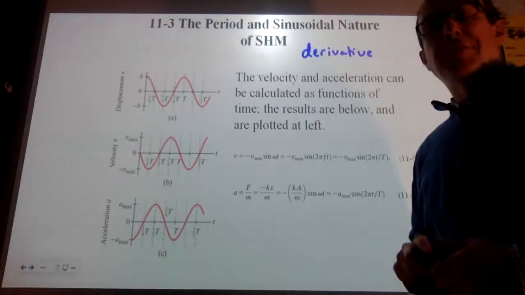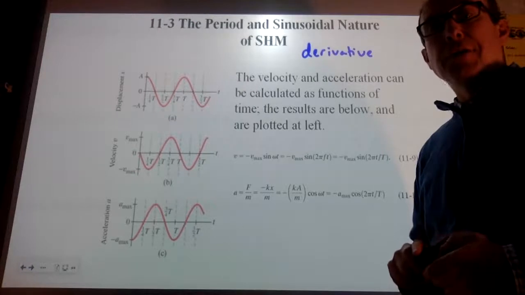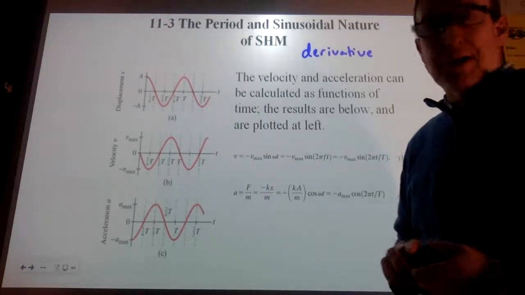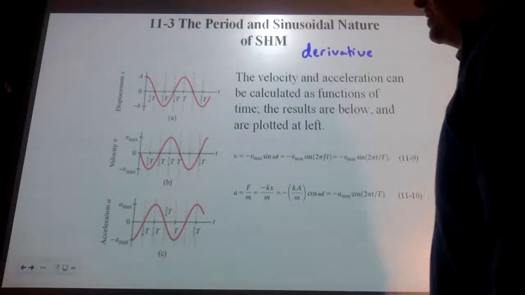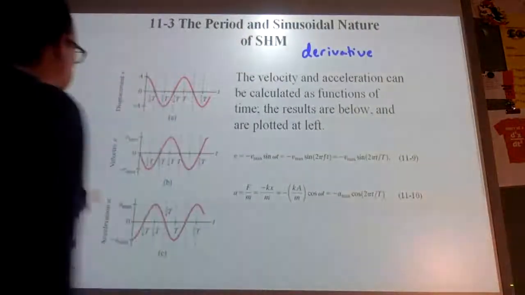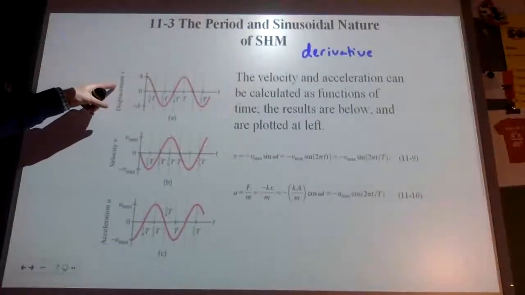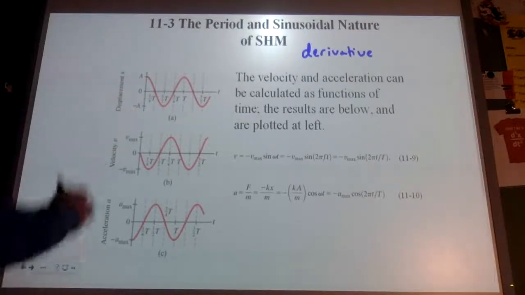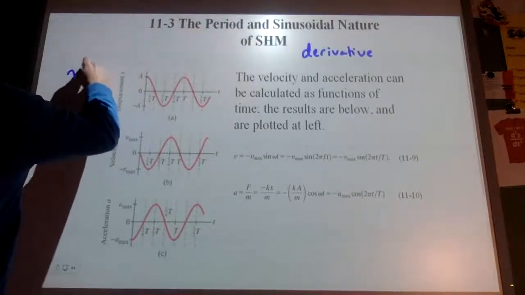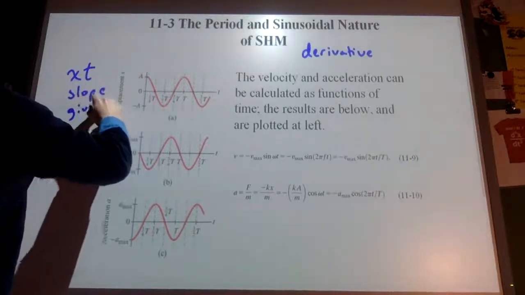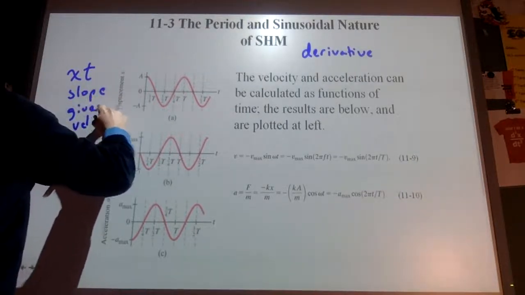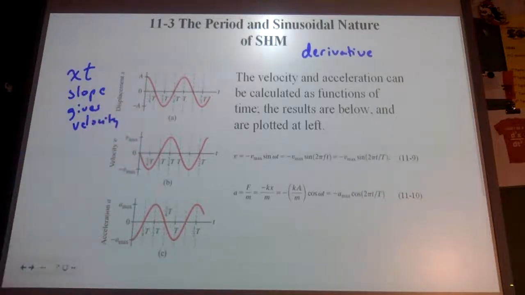So how can you do this if you don't know calculus? You can look at the slopes, and that's what I'm going to try to show you guys today. So looking at this, if we remember, this is displacement and time. The slope gives us velocity.